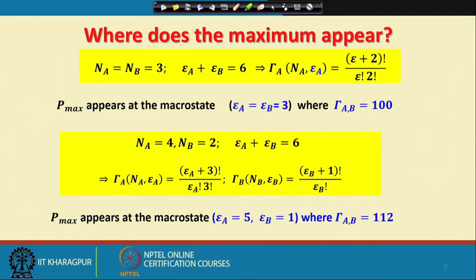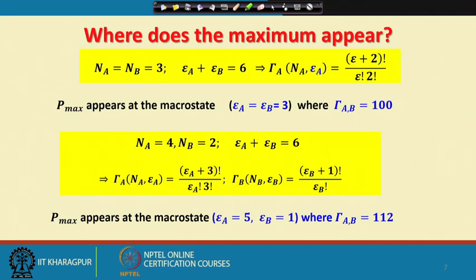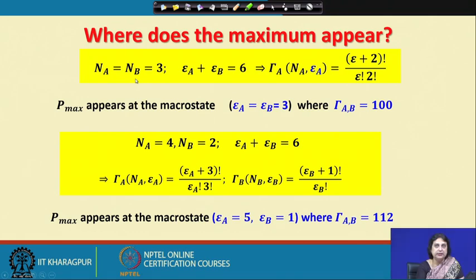So, whatever I have been showing you here, the question is, where does the maximum appear? I find that when I have the symmetric case, the maximum appears at epsilon A equal to epsilon B equal to 3.